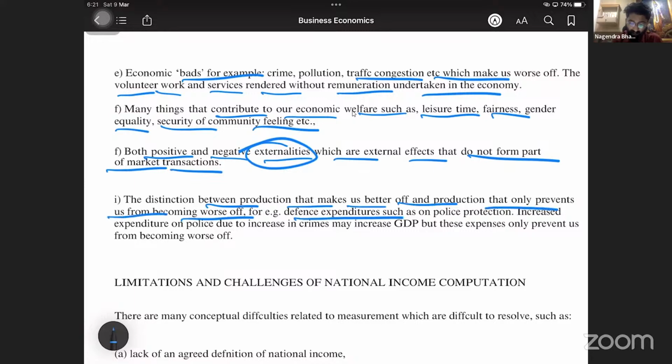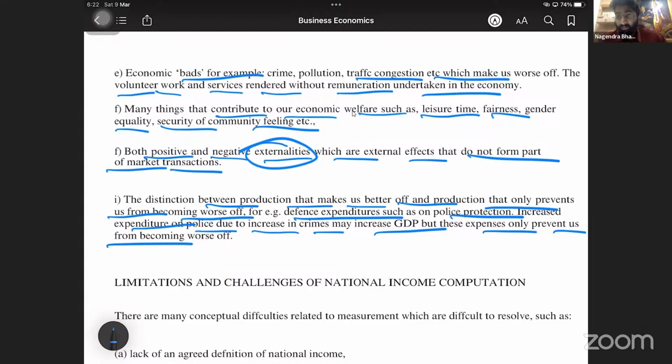Example, defense expenditure. If there was no terrorism, then there was no defense. Defense was not required. Police protection was not required. We could have used their efforts for some other purpose and we could have developed. Increased expenditure on police due to increased crimes may increase GDP, but these expenses only prevent us from becoming worse off. It will not increase the crimes.